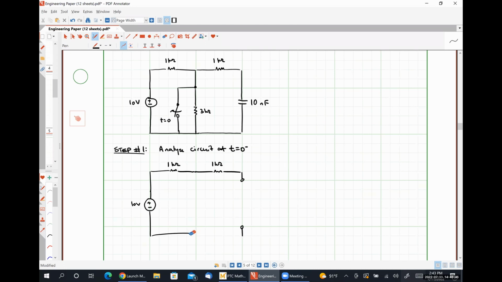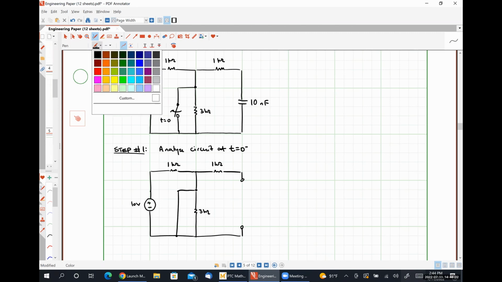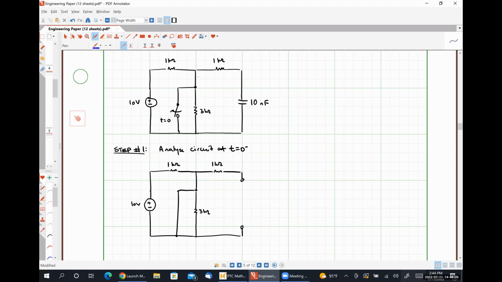Oh, give me just a moment here, I got slightly ahead of myself. The quantity that we are interested in is this current I of t.